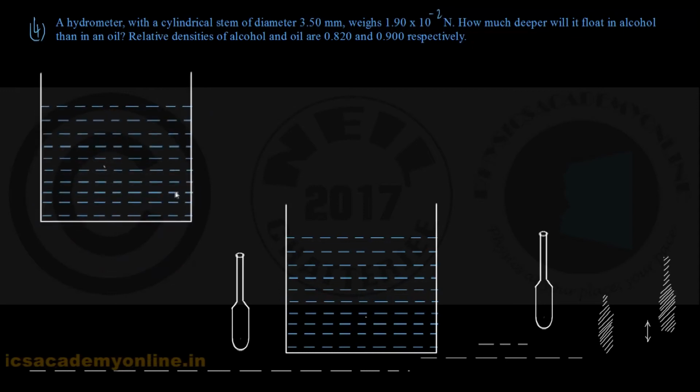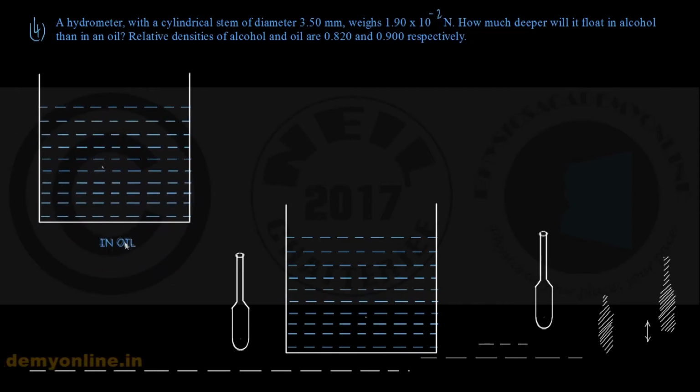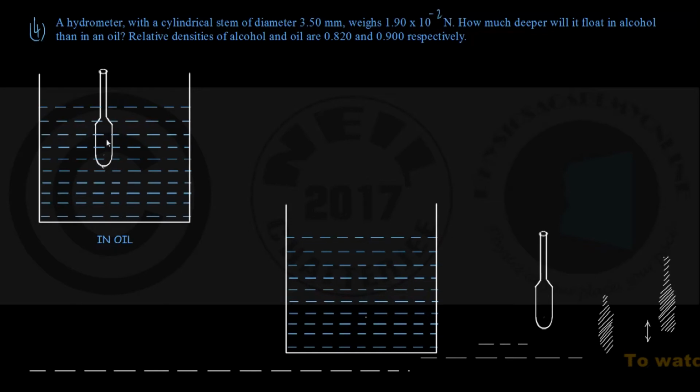This is a container filled with oil, and suppose the hydrometer, this is a device as I already told you, has got a cylindrical stem of given diameter, and it floats with only a part of the stem sticking out above the free surface of the oil.